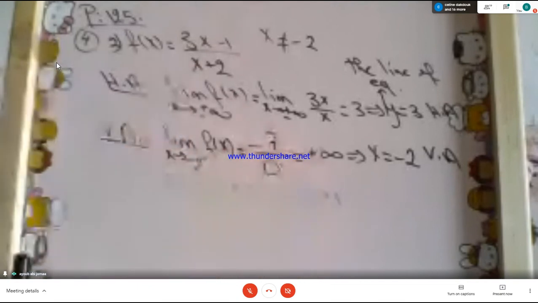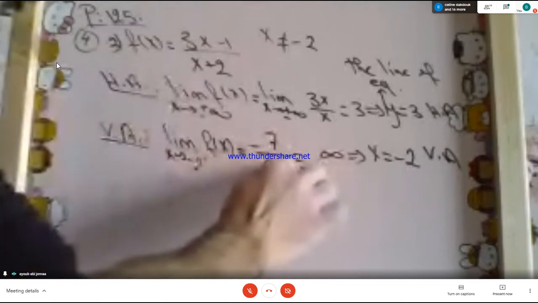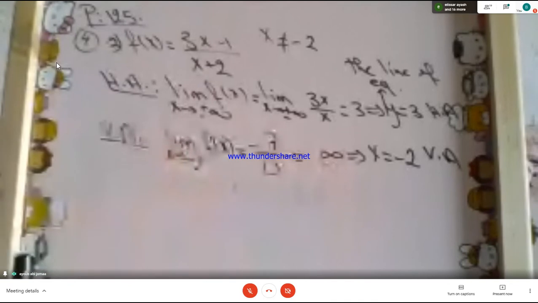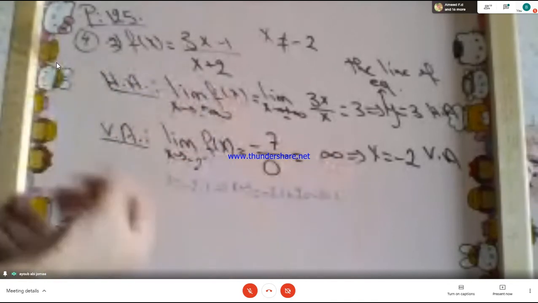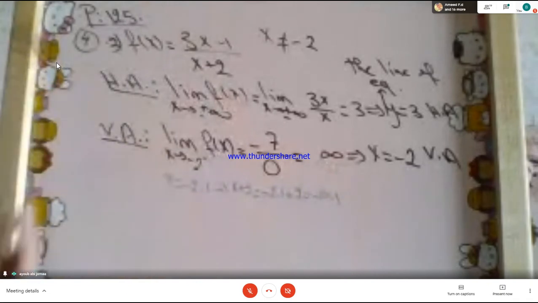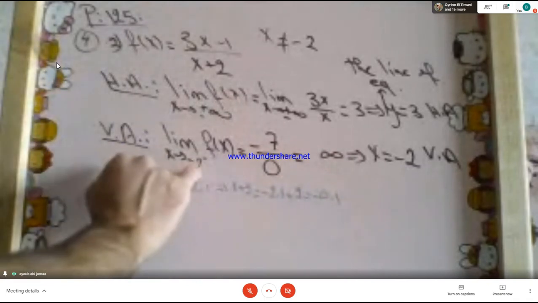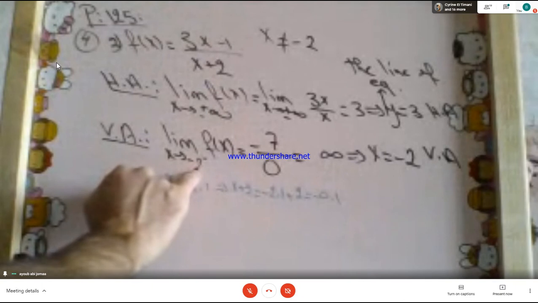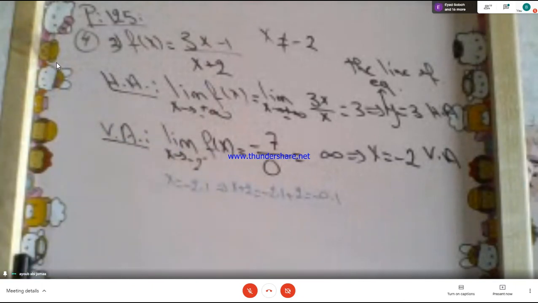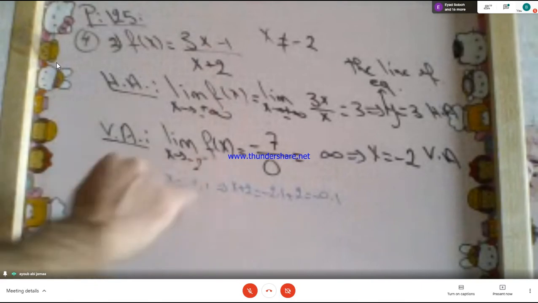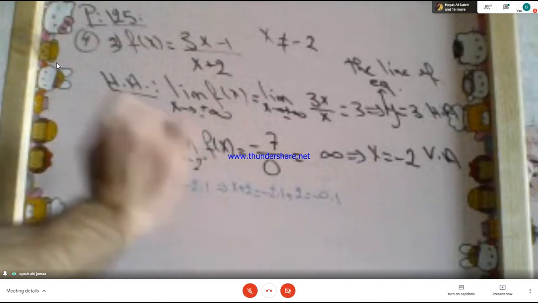Negative 7 over 0, it's infinity. Now to determine the sign, whether it is positive infinity or negative infinity, you choose a number slightly less than negative 2, because we choose negative 2 minus.